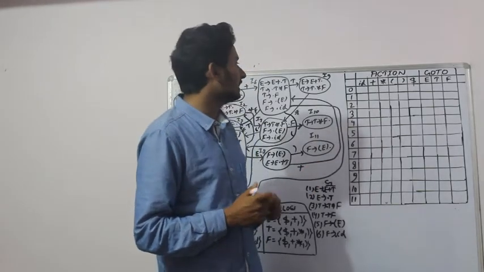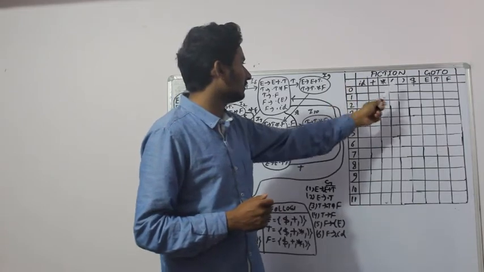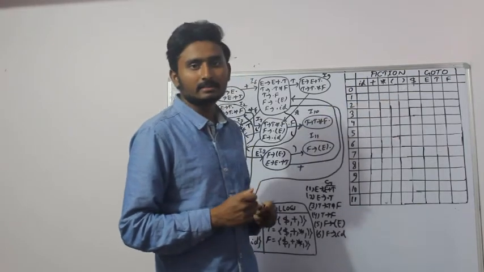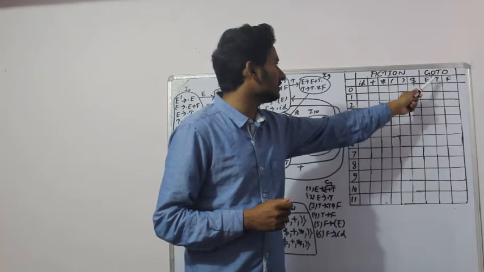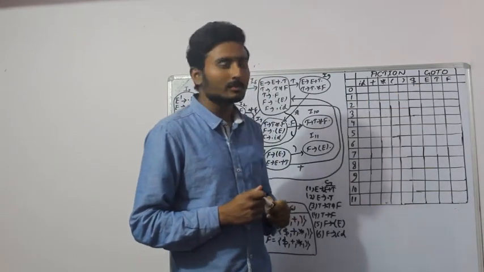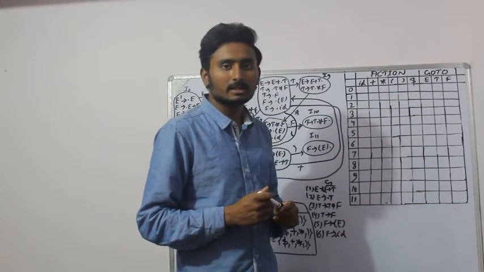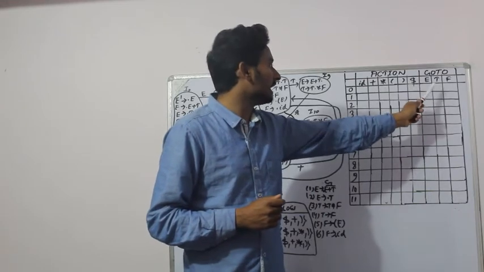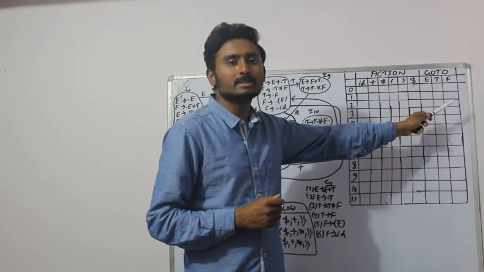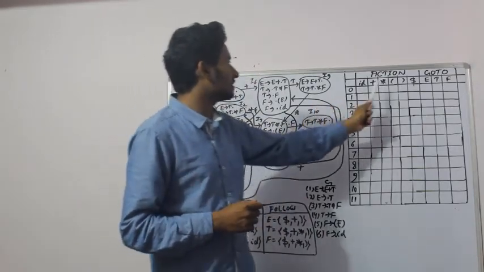As many terminals as are used in your grammar, that many columns are present in the action part. The goto part has the non-terminals. As many non-terminals as we have in our grammar, that many columns will be present in the goto part.